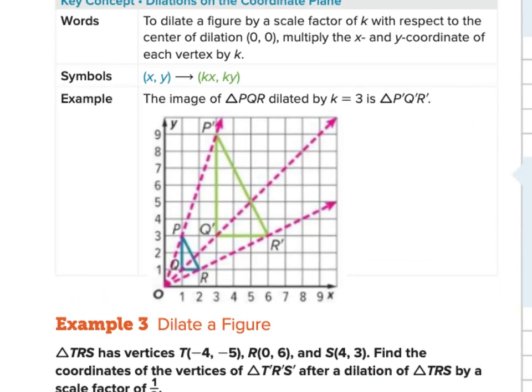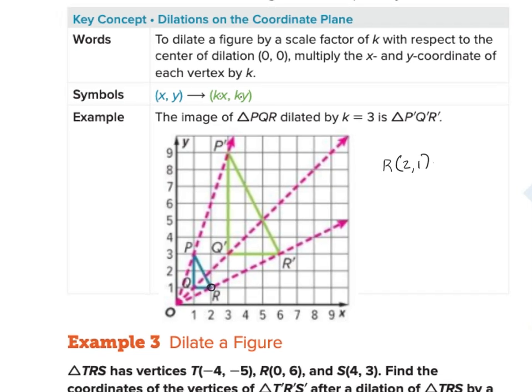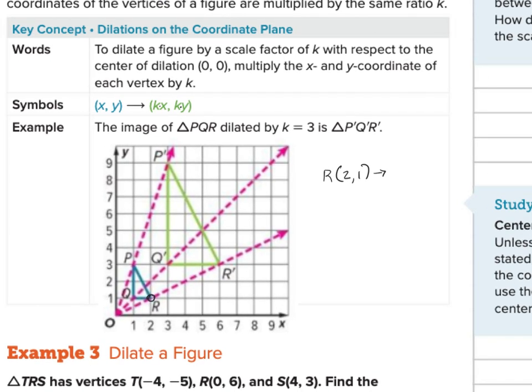And if we look at this example, they're showing us we just multiplied the old information by the growth. If I pick a point R, R is (1, 2), and then as I grew, if I multiplied R by 3, the y value would be 3 times 2, because that's my scale factor, and then my x value would be 3 times 1.